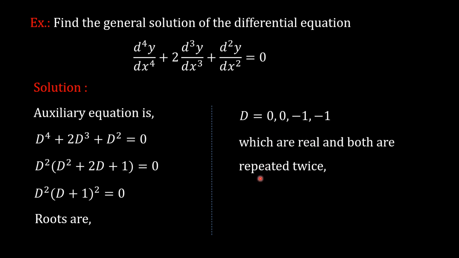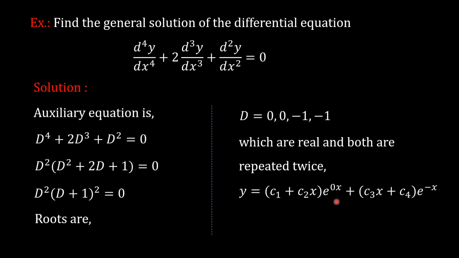And therefore, what will be the general solution? Corresponding to 0, the term will be (c1 plus c2x) into e raised to 0x, plus the term corresponding to minus 1, which is (c3x plus c4) into e raised to minus x.